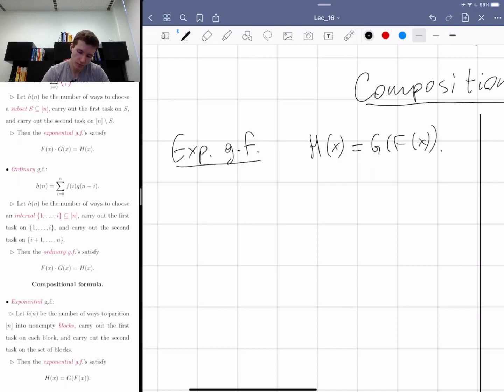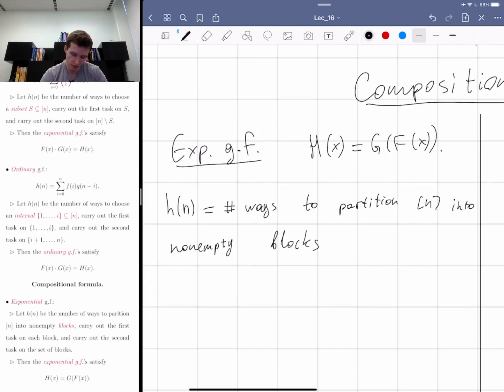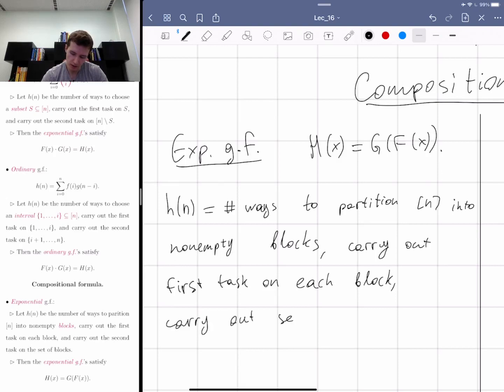In this case, h of n was the number of ways to choose a set partition of bracket n into non-empty blocks, where the order of the blocks doesn't matter, and then you carry out the first task on each block, and then carry out the second task on the set of blocks.